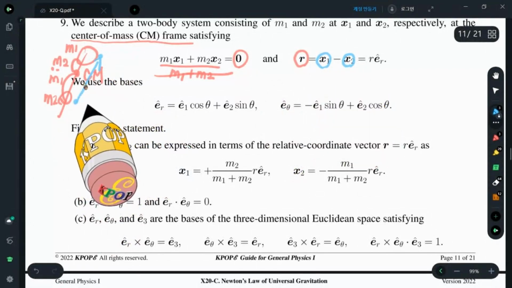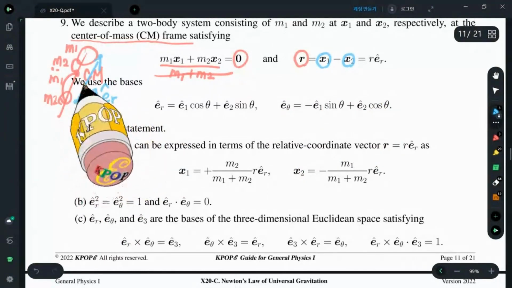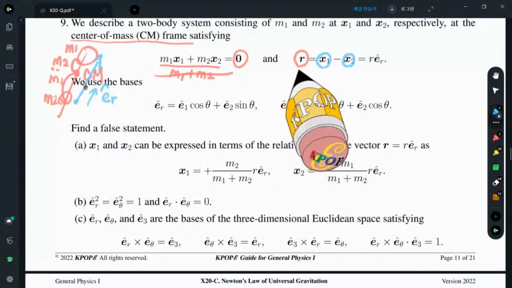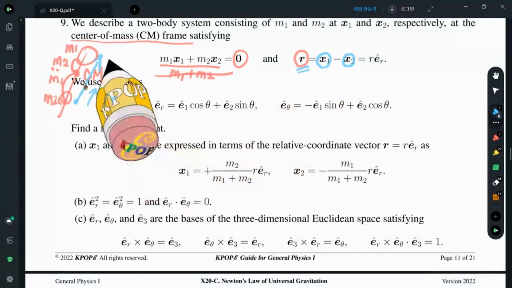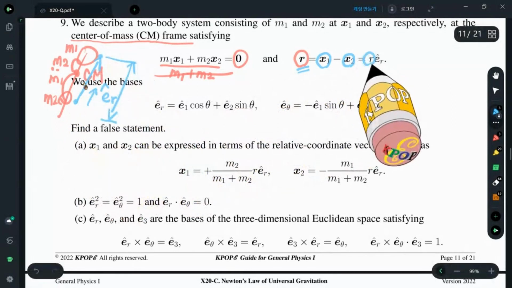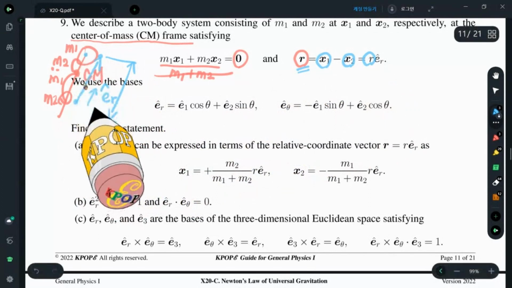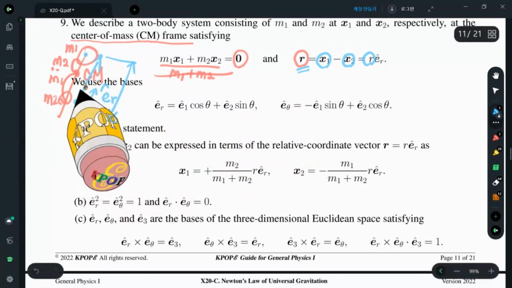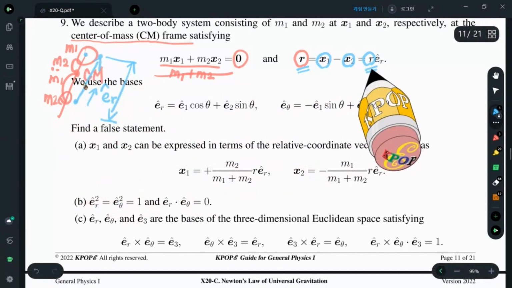And we introduce the unit radial vector e_r hat that is parallel to the relative coordinate vector, and r is just the distance between the two particles. r is not the distance from the center of mass to a particle, but the distance between the two particles. You have to remember.